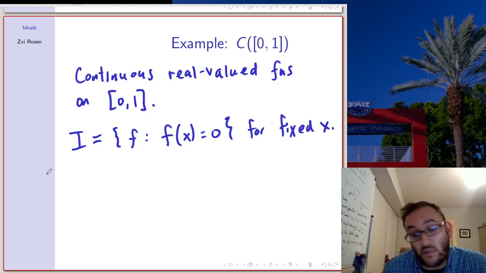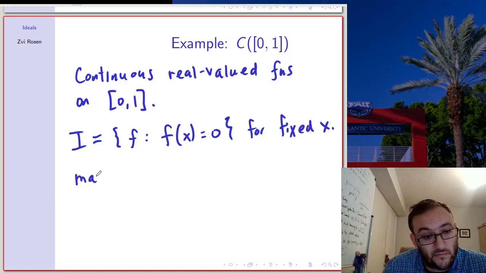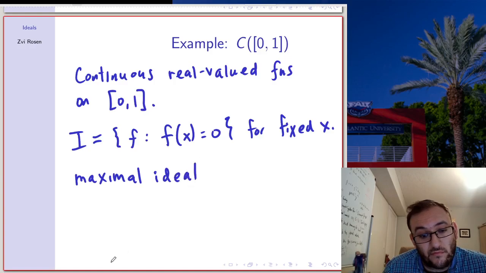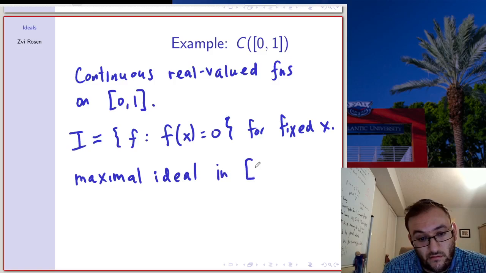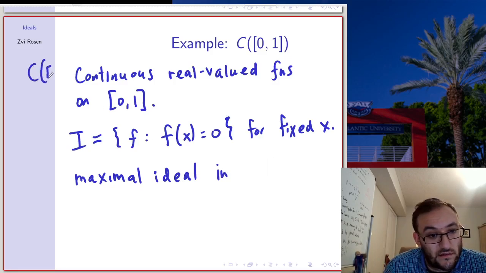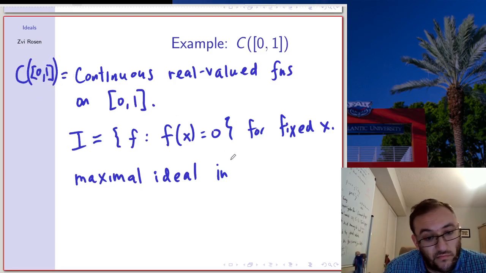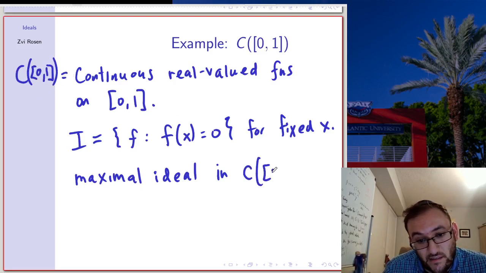This is a maximal ideal. So if this is C[0,1], this is a maximal ideal in C[0,1].